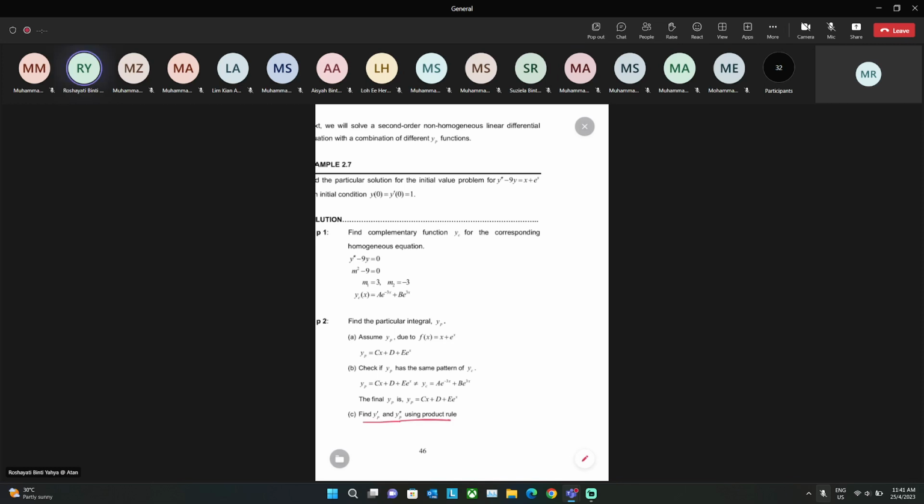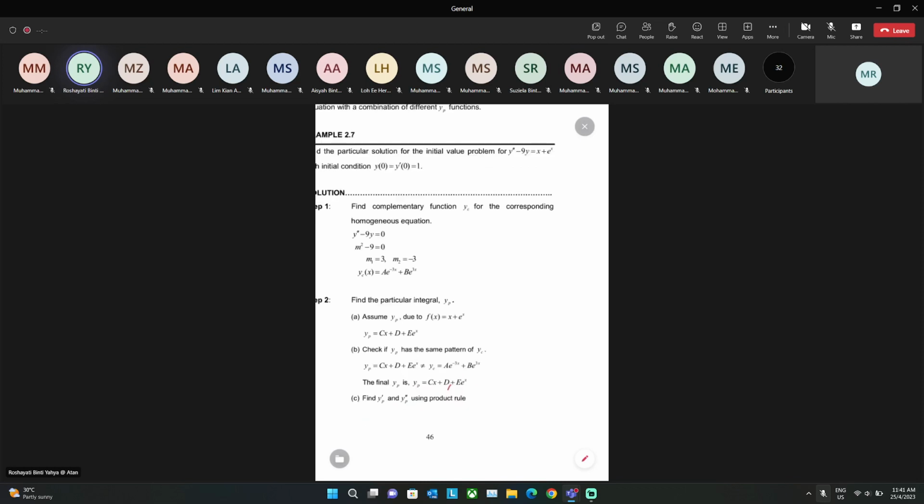So next, since we have the final YP, the next step is to find YP prime and YP double prime using product rule.